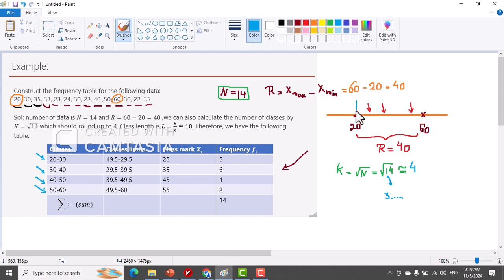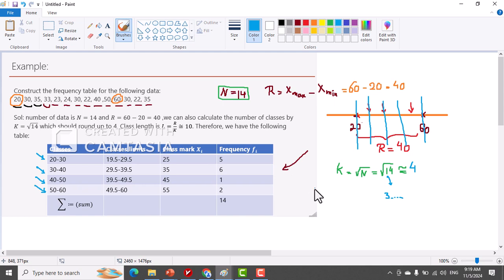That means between 20 and 60, which we consider as the minimum and maximum of the data, we should divide this range into 4 classes. So we have 1, 2, 3, and 4 classes over here.